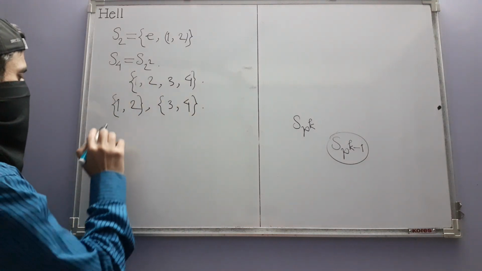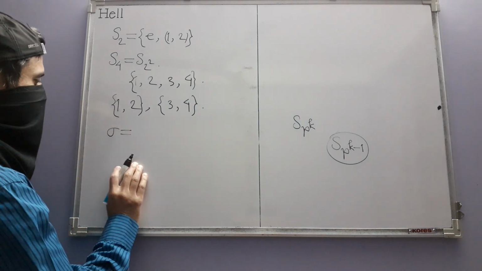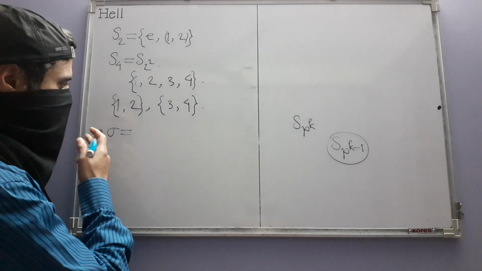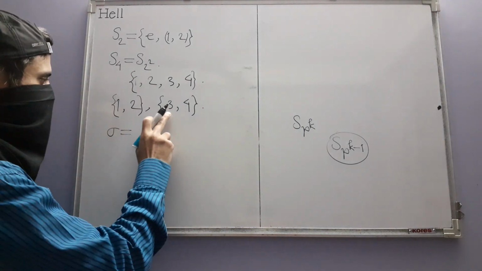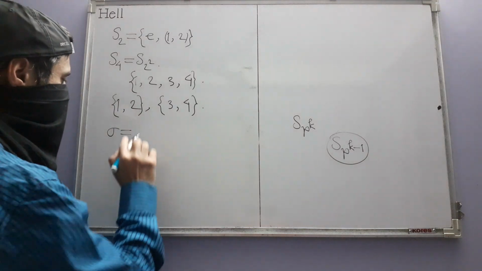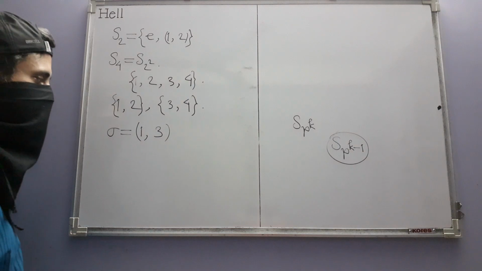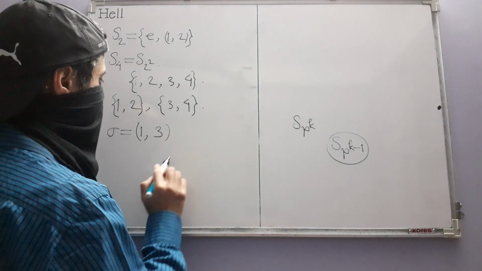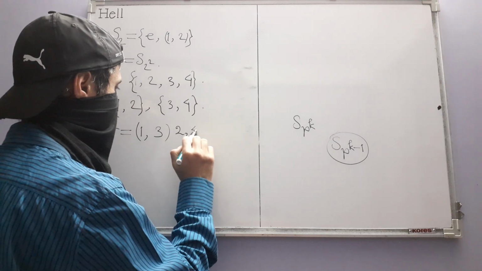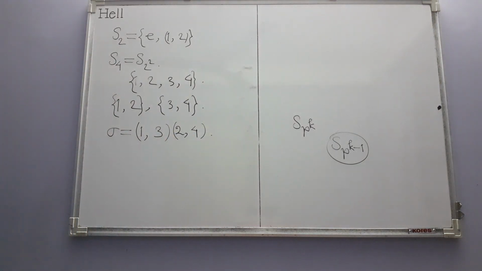And then we generate that permutation sigma. In sigma we have of course a product of cycles. We first use the first elements of each clump. That gives us this transposition (1 3), and then we use the second elements of the clumps. So that's how we get sigma.